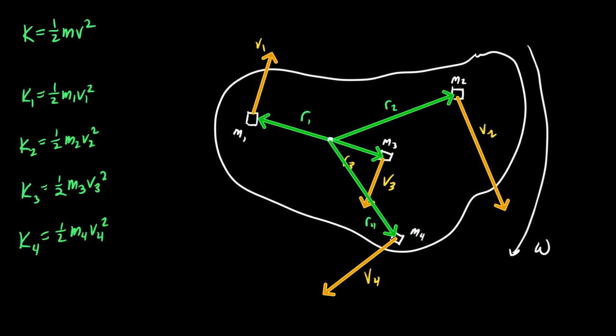Right, each of these pieces has a separate linear velocity, but because we understand the kinematics here, we could write their kinetic energy in terms of their rotational velocity. We might want to do that because the whole object has only one rotational velocity.